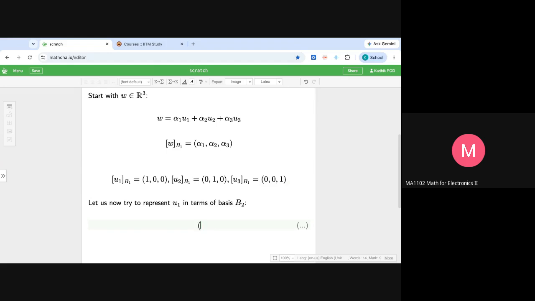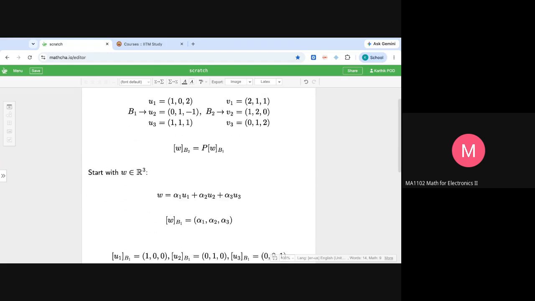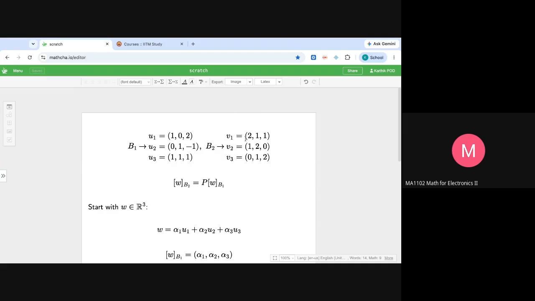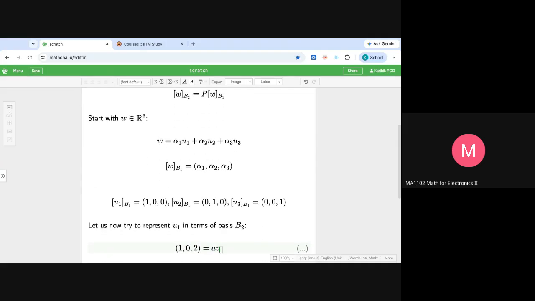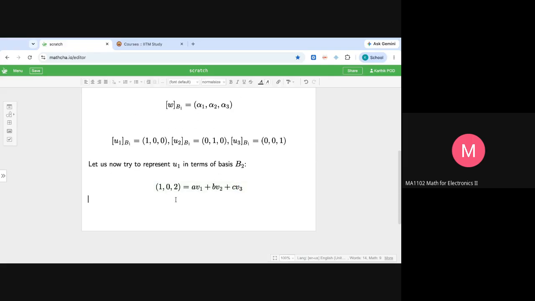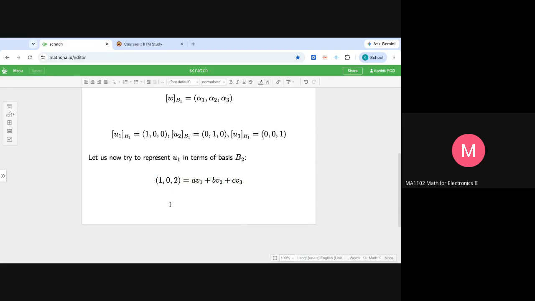So U1 we know is 102 in terms of basis. I'll just use A, B, C because it's easier to write. So A V1 plus B V2 plus C V3. This is 102 in terms of basis B2. So, do you know how to solve this?